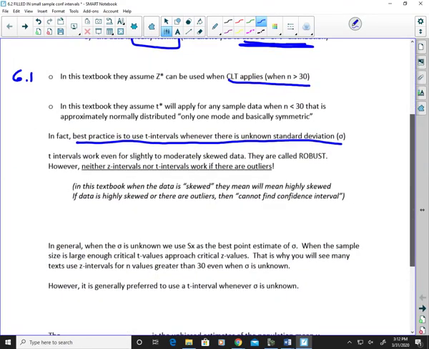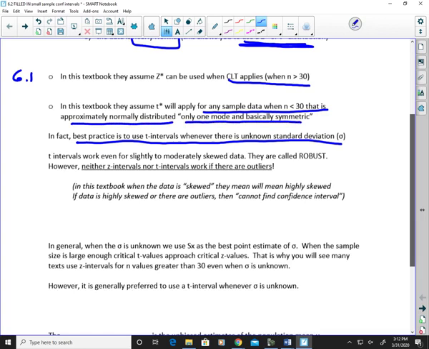So it actually can still work even when data isn't really perfectly normally distributed. In this textbook, we'll assume that any sample under 30 that is approximately normally distributed, which means it has one mode and basically is symmetric, we'll assume that the T is applying.